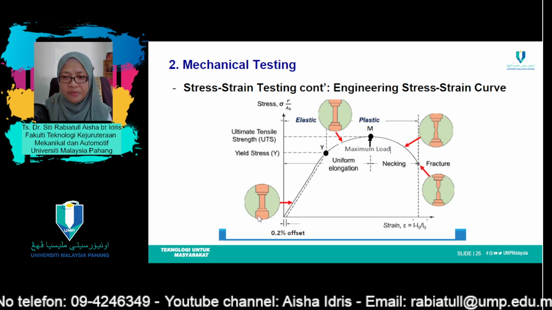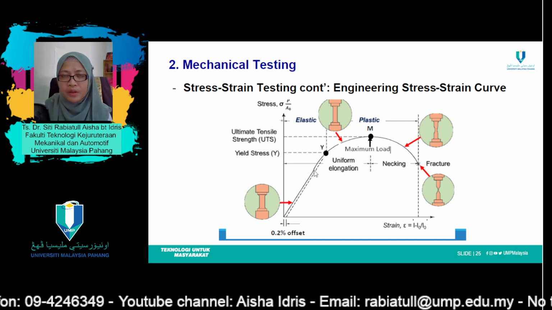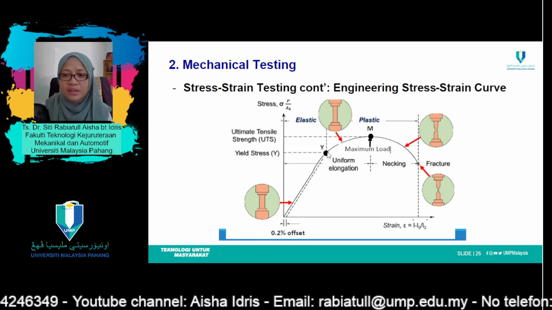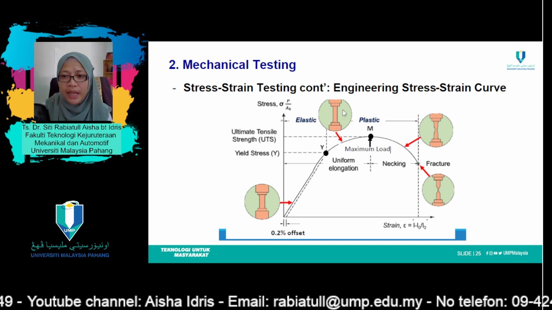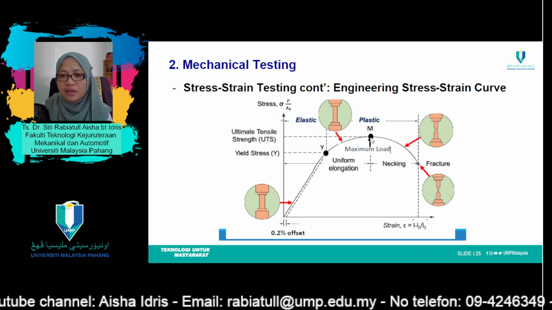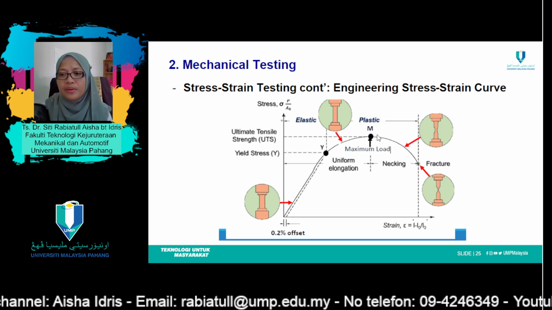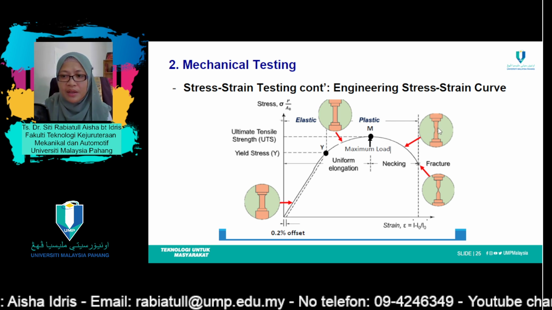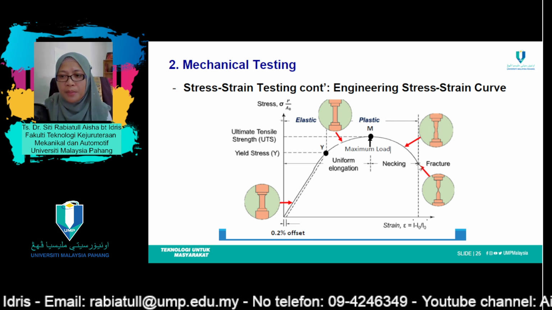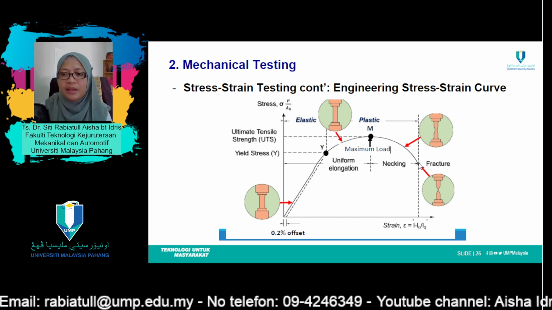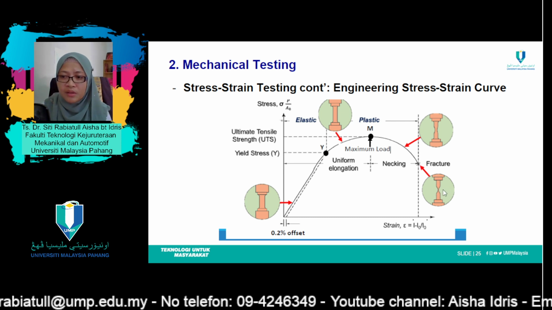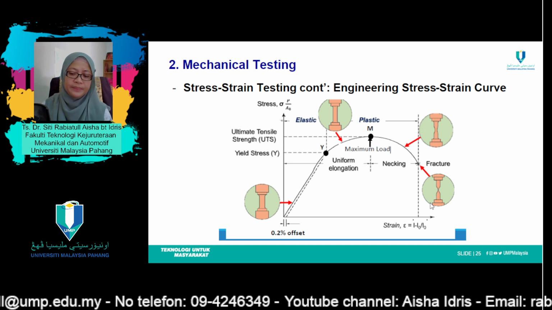This is the original form. Then you give force until this point where it starts to elongate. After UTS, we start to have necking before it breaks, and then it reaches the point of fracture and breaks.